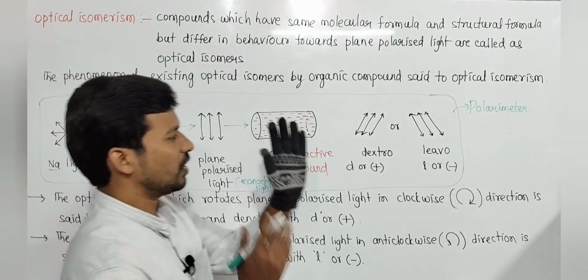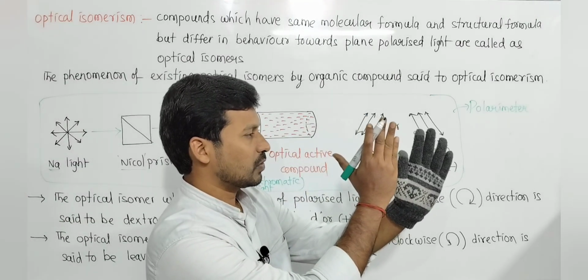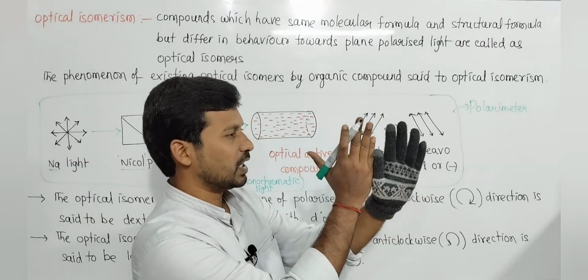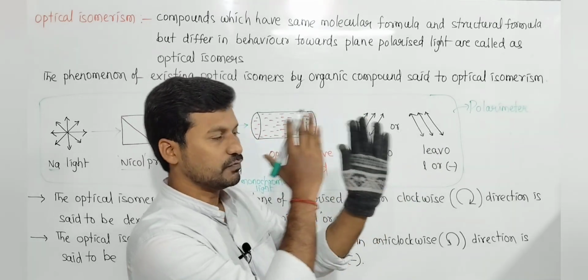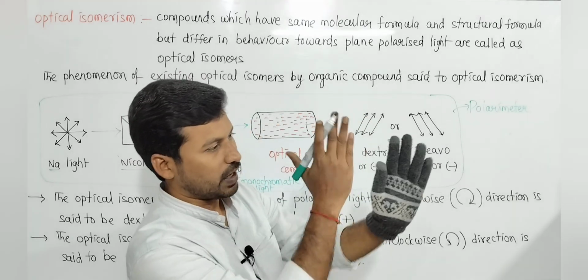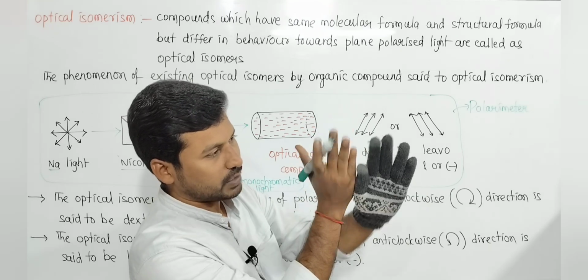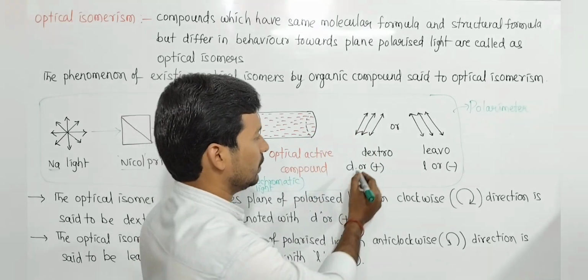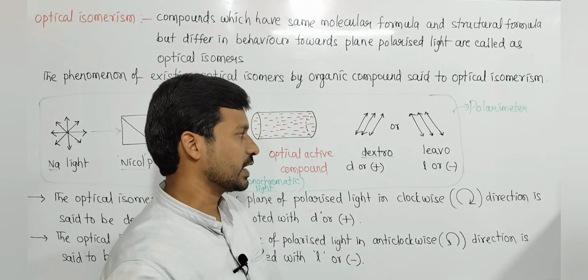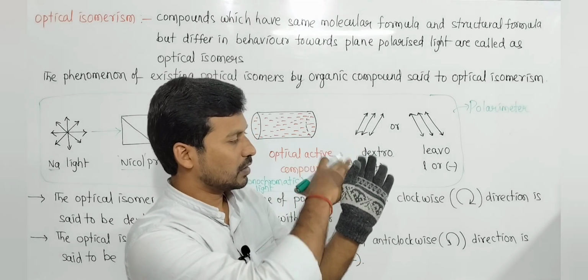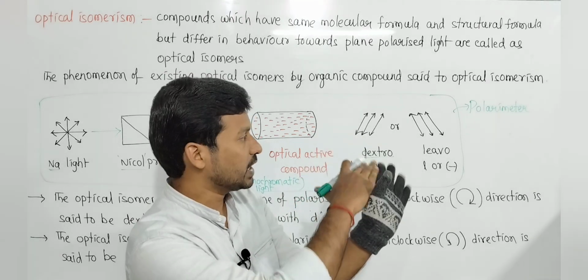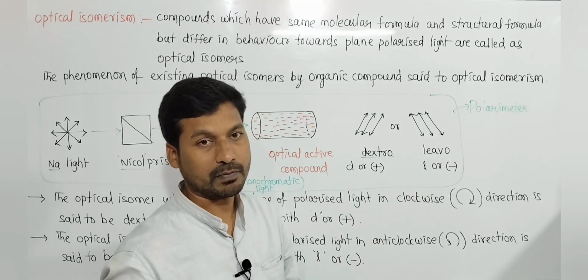If this plane polarized light rotates in the clockwise direction, from this view, such an optical isomer is called dextroisomer. If light rotates in the counterclockwise, anti-clockwise direction, that is said to be levoisomer.